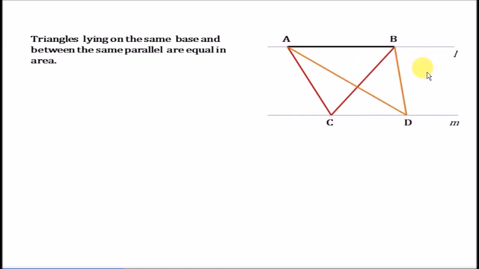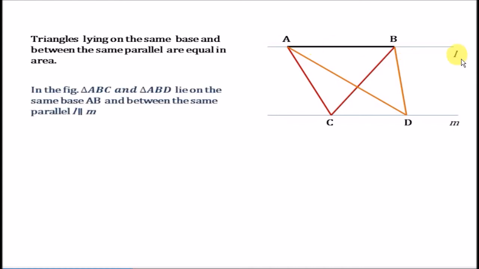They have the same base AB and the triangles have been drawn between the same parallels L parallel to M. So we will have area of triangle ABC equals area of triangle ABD.